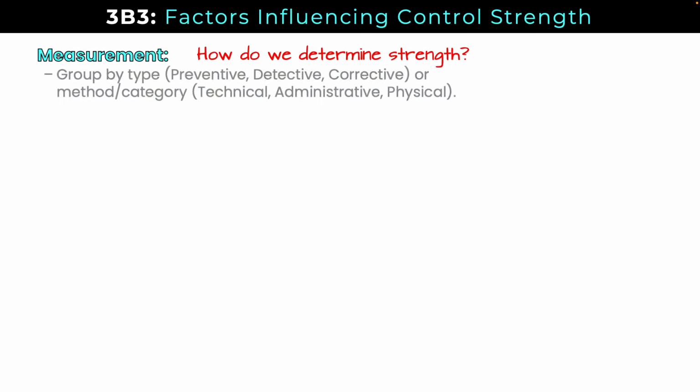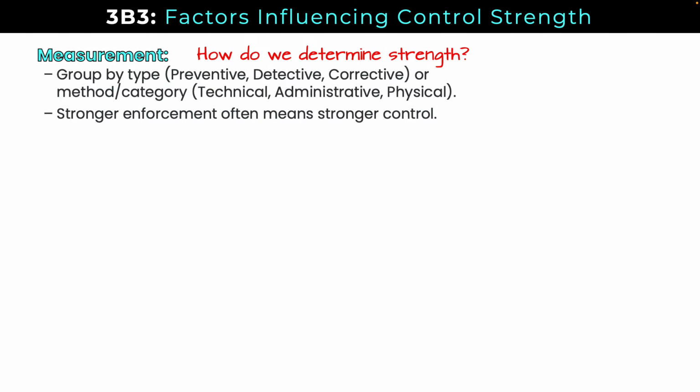It may help to group our controls by type, like gathering the preventive controls together and comparing their relative performance to the threats they are designed to block, detective controls and their ability to identify the latest emerging threats. We could also group by method or category, maybe batch together our technical controls, which would be part of a layered defense, our administrative controls looking at the policies and procedures we have in place, or the physical controls that protect the tangible aspects of our environment.